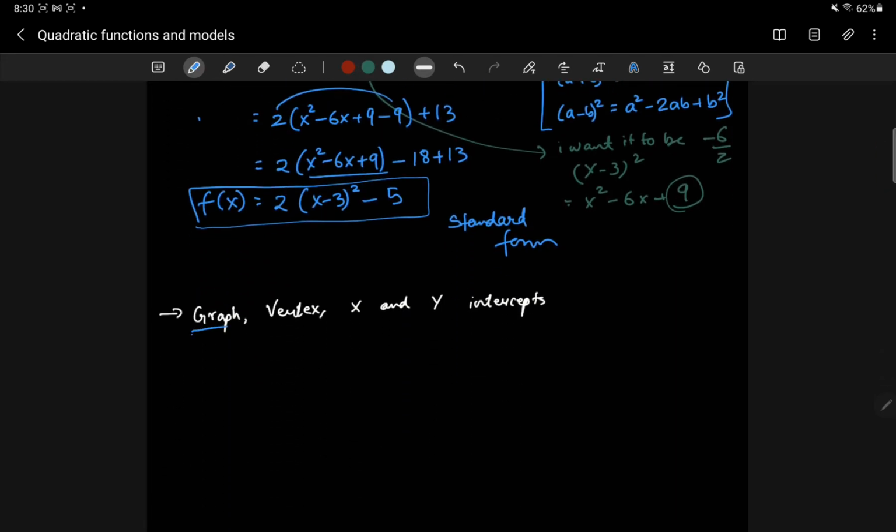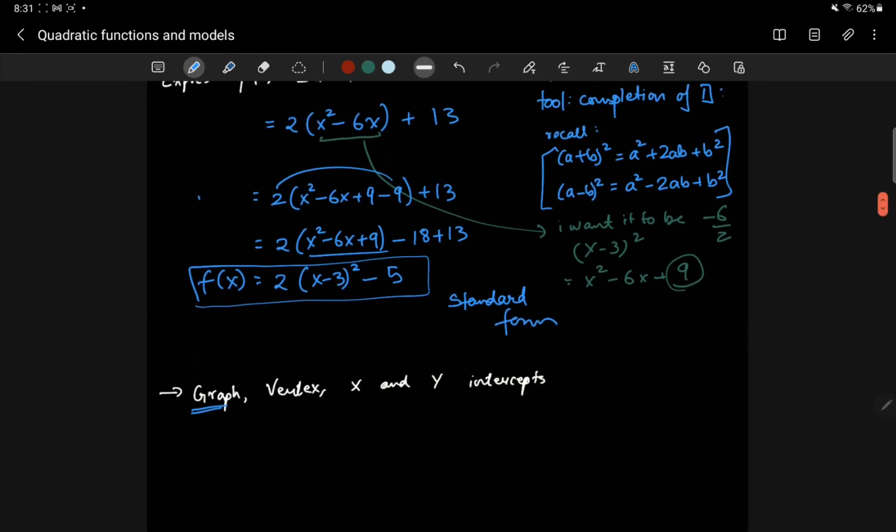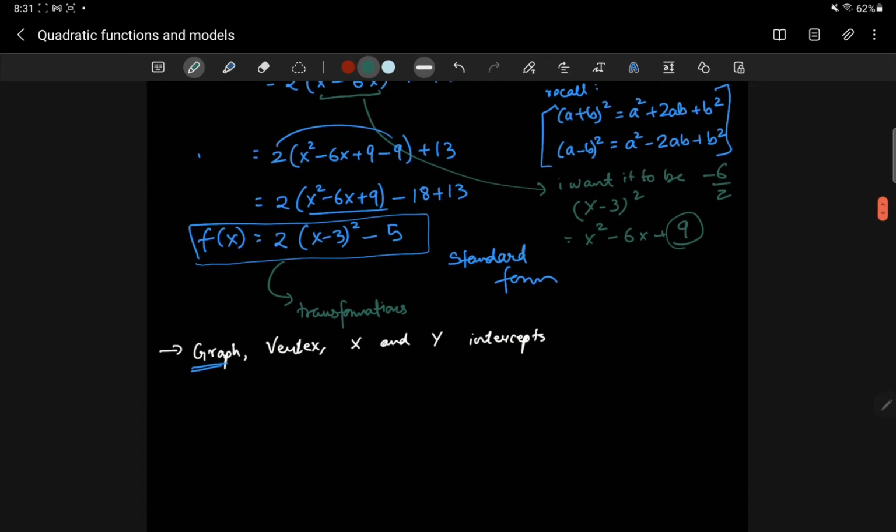First, to draw the graph, notice that what you can do is ask what are the transformations here. You start with x squared, then you go x minus 3 squared, then 2 times x minus 3 squared, and then 2 times x minus 3 squared minus 5, right?